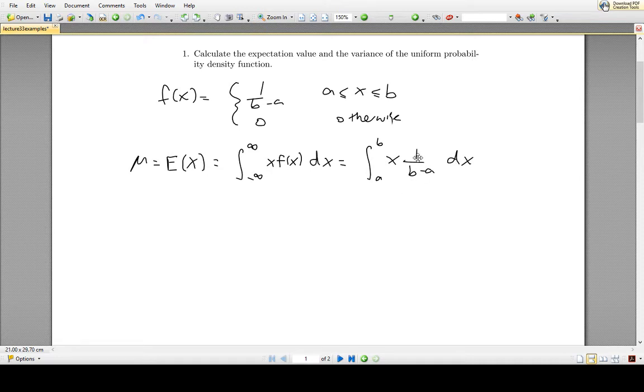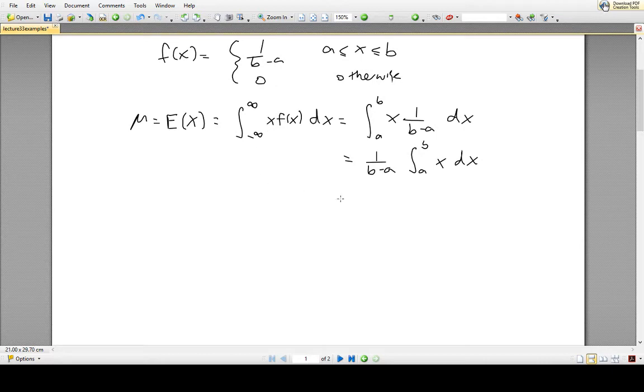So let's go ahead and calculate that. We can pull out the 1 over b minus a, since it's just a constant with no x's in it, and do the integral from a to b of x dx. The antiderivative of x is 1/2 x squared, evaluated from a to b.